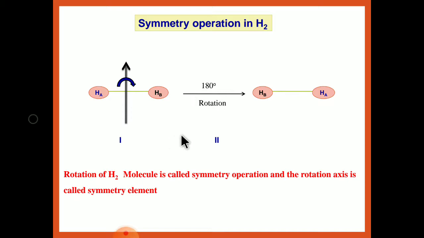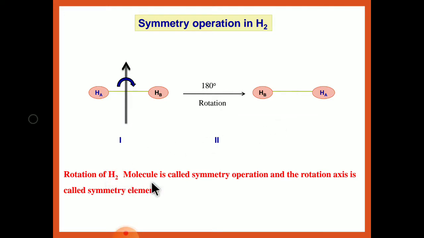We can see the symmetry operation and symmetry element in this example. This is the hydrogen molecule, Ha and Hb. If we rotate this molecule by 180 degrees in this way, we will get the second orientation of the H2 molecule as Hb bond Ha. So this is the first orientation and this is the second orientation.